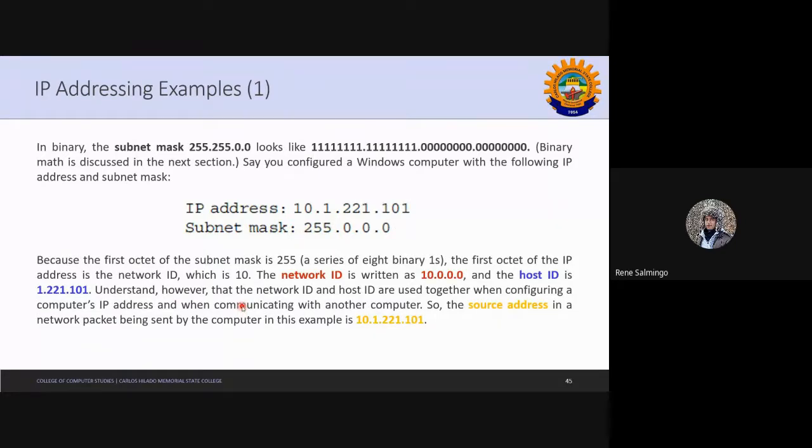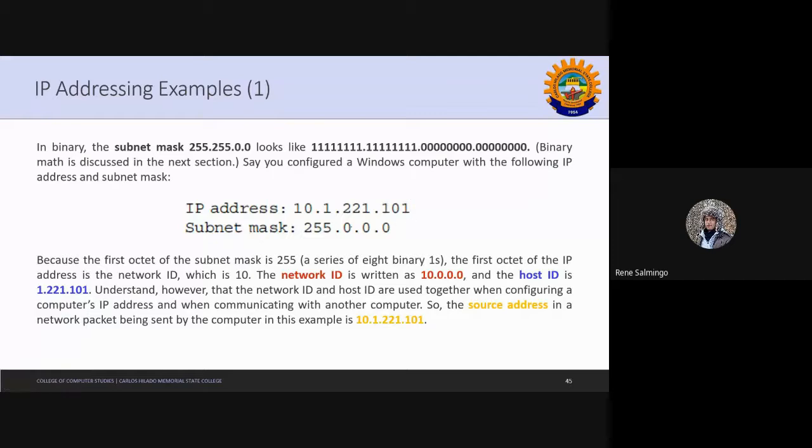Now for your network ID, that is 10. This is in decimal, so you don't need to read this in binary, but this one is 10. That is your network ID, and the host ID is on the last part, the last consecutive numbers.